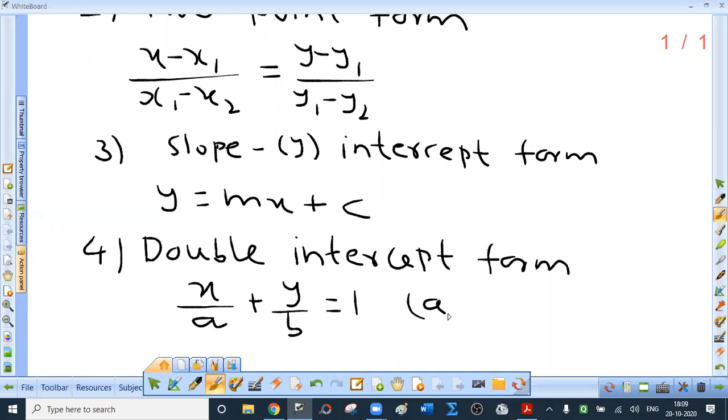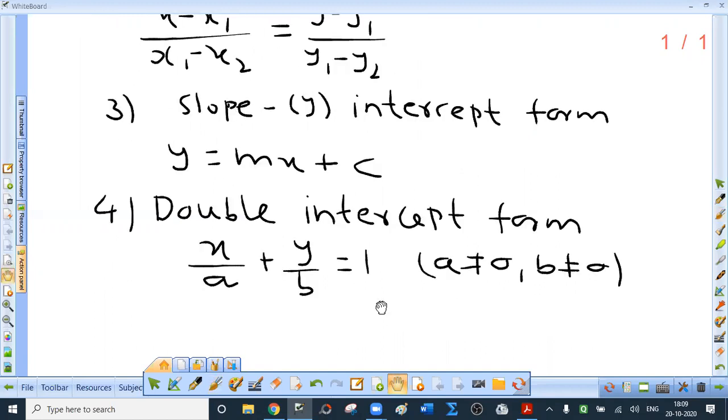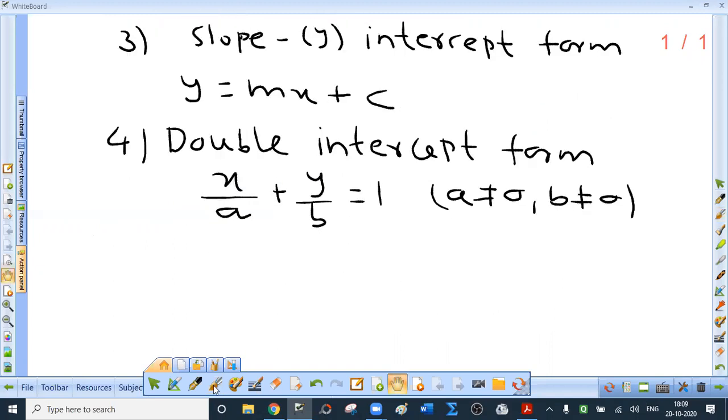Here we assume that a is not equal to 0, b is not equal to 0.